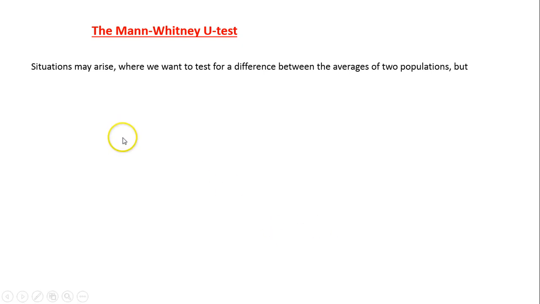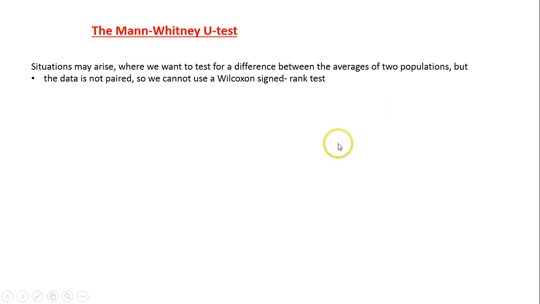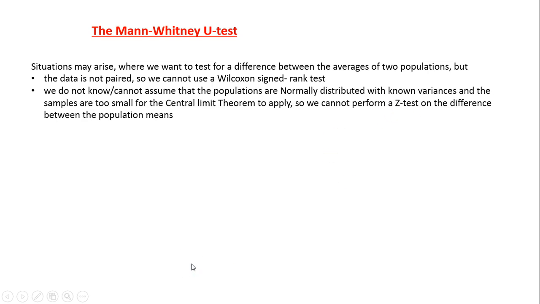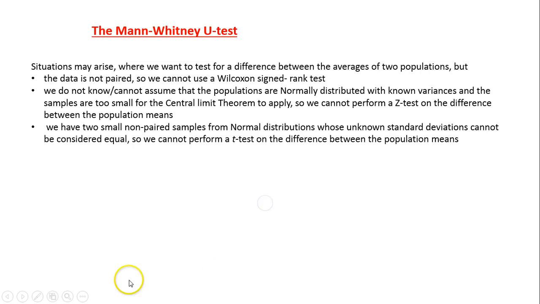Situations may arise where we want to test for a difference between the averages of two populations, but the data is not paired, so we cannot use the Wilcoxon signed rank test. We cannot assume that the populations are normally distributed with known variances, and the samples are too small for the central limit theorem to apply, so we cannot perform a Z test on the difference between the population means.